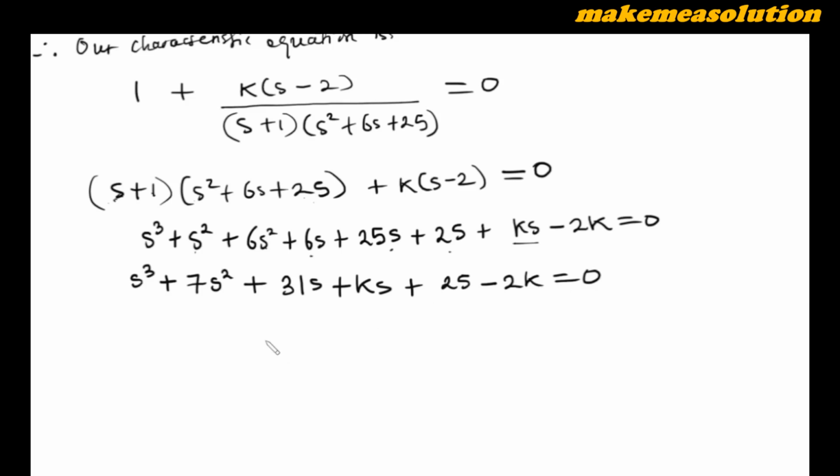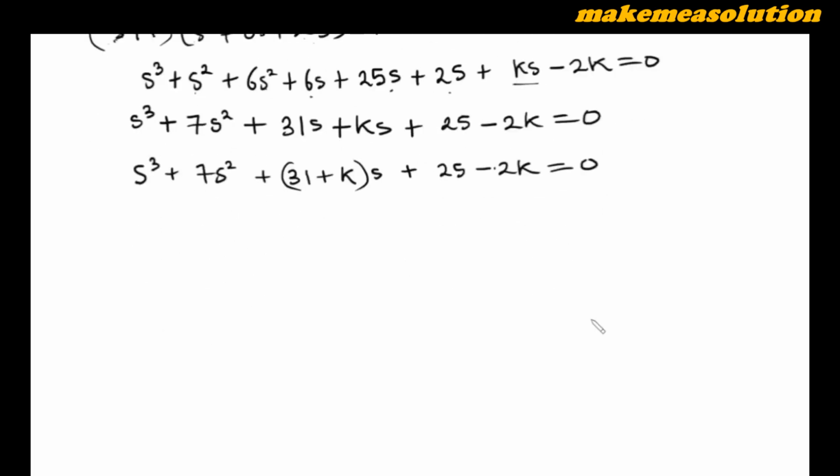I hope we're together. So at the end of the day, we have s cubed plus 7s squared plus 31 plus k s, then plus 25 minus 2k equal to 0. So this is our characteristic equation over here.